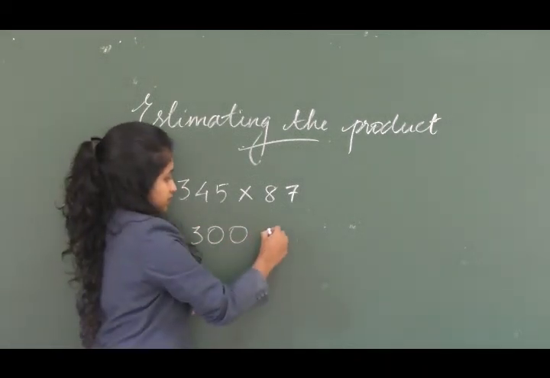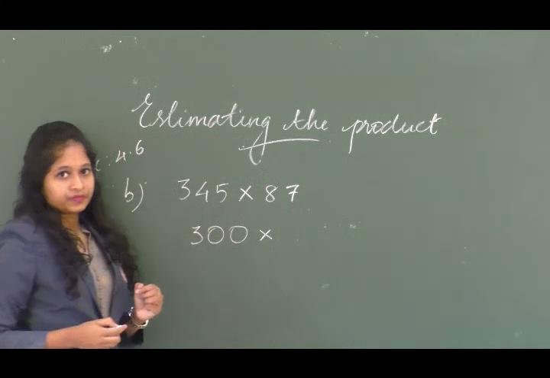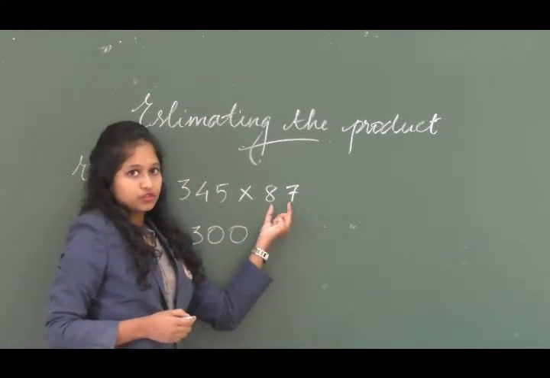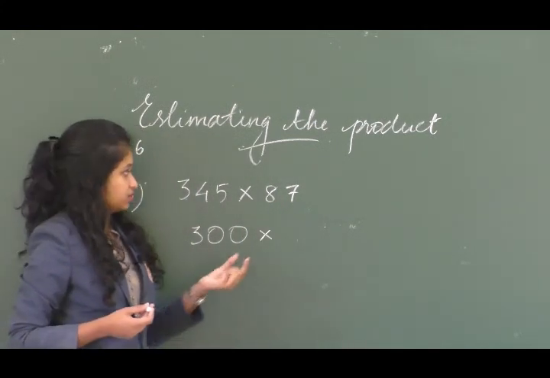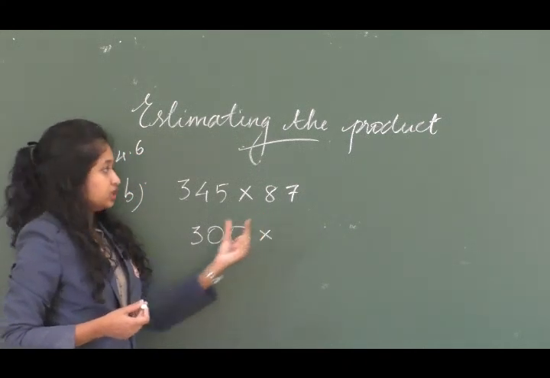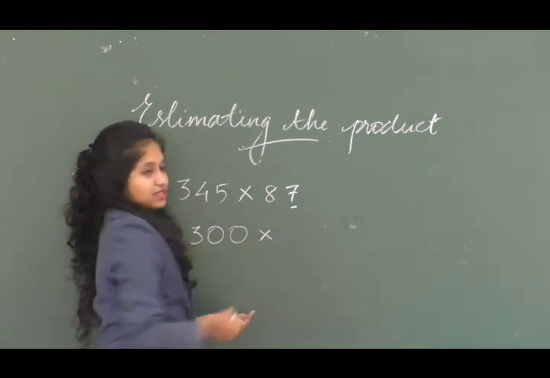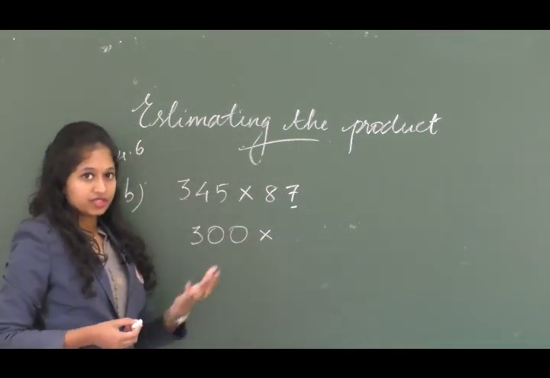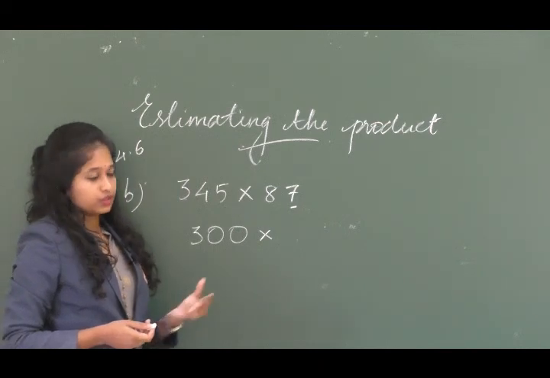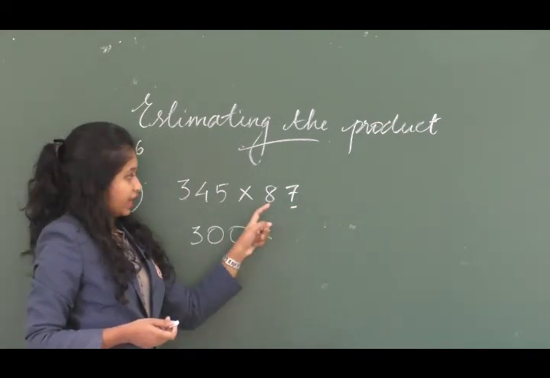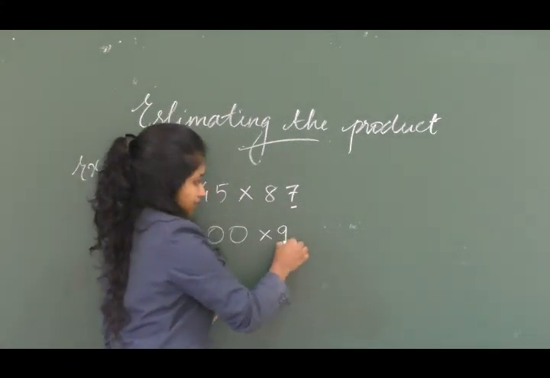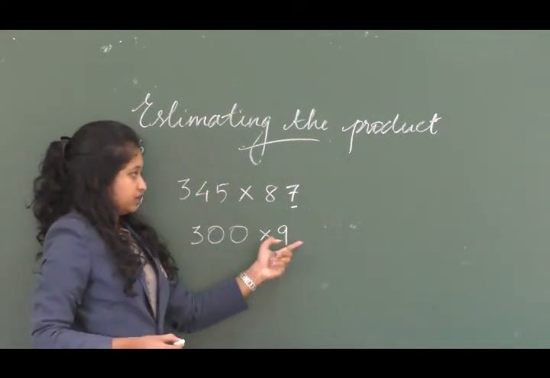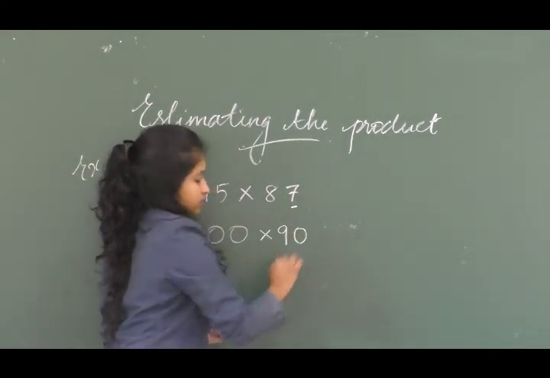In this case, we have to round off to nearest 10 because that's the higher place. When we see the ones place is 7, which is greater than 5. So we have to add 1 to 8. So 8 becomes 9 and 7 is replaced by 0.